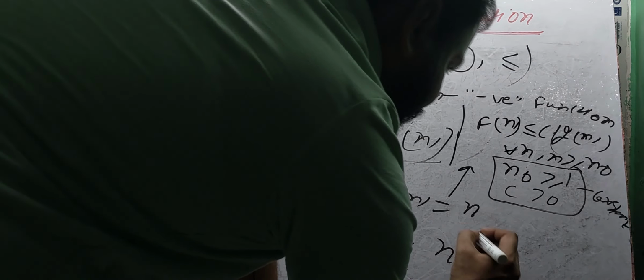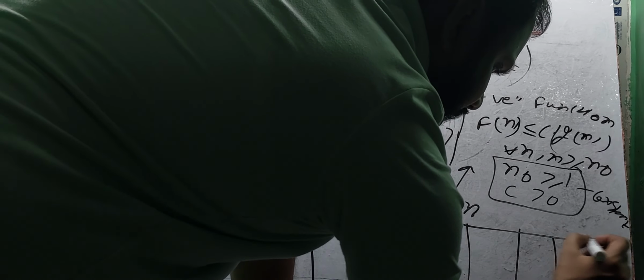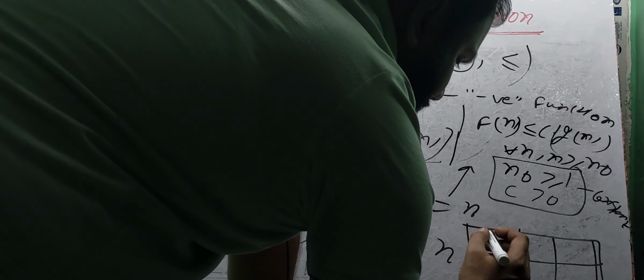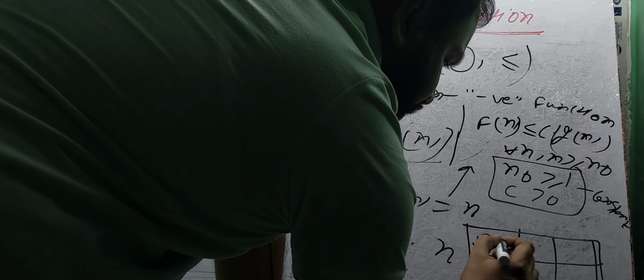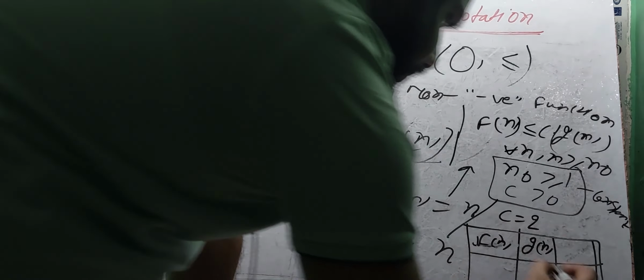Now take, we don't need to create this table again. This is the first example, so I am creating here on the left hand side f of n, g of n, and here the value, and constant c equal to 2 fixed. Now take the n naught value, starting from 1.